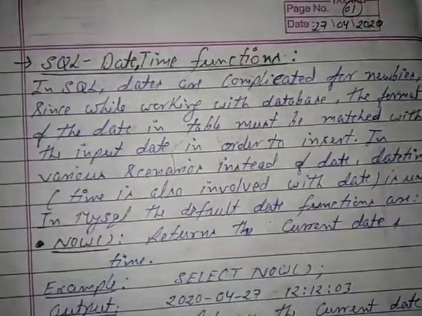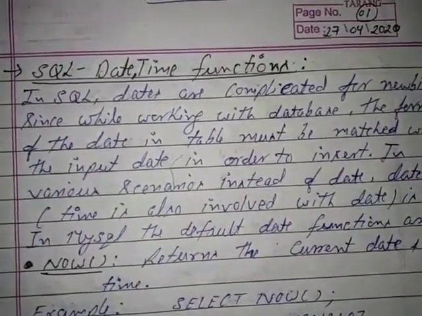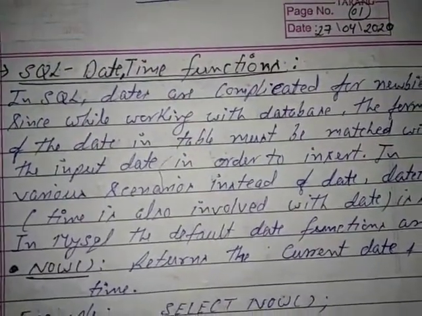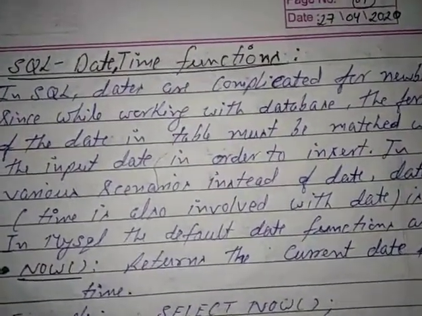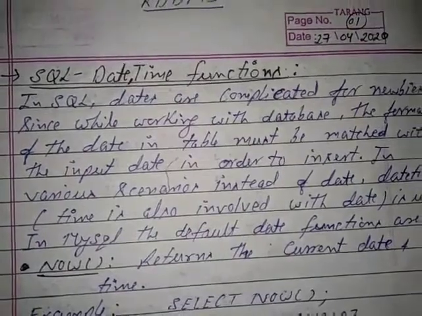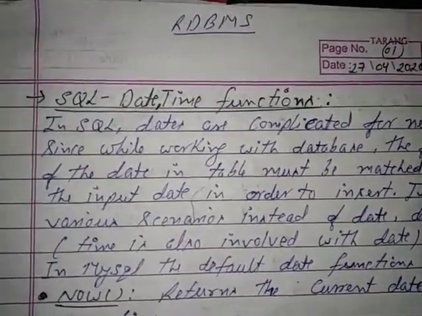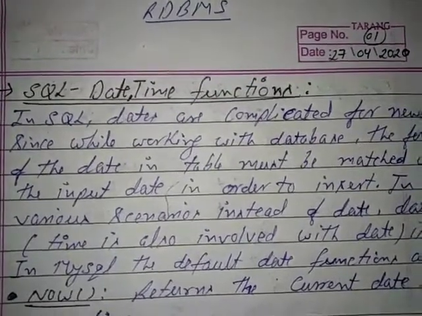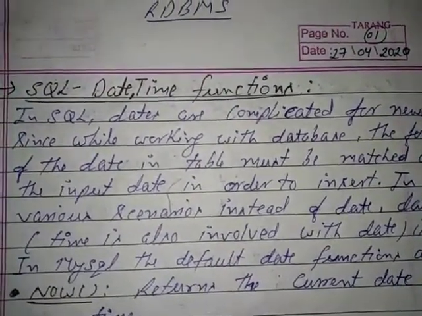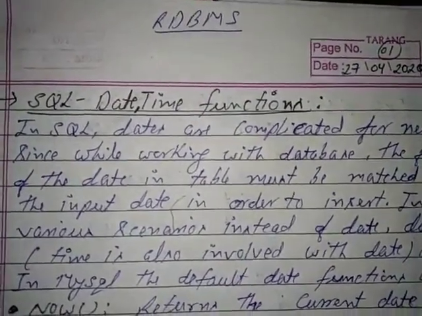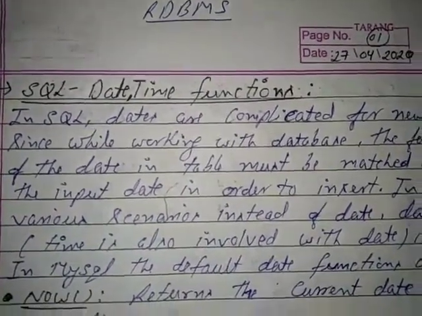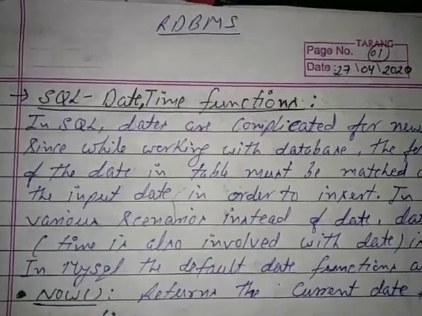So we are going to discuss the various formats of datetime functions in SQL. By this, we know about the format of date and time. If the date times match in the database, the data and records are inserted successfully.